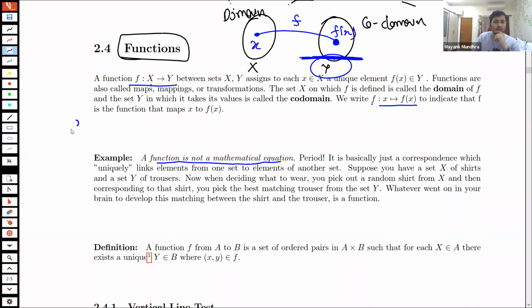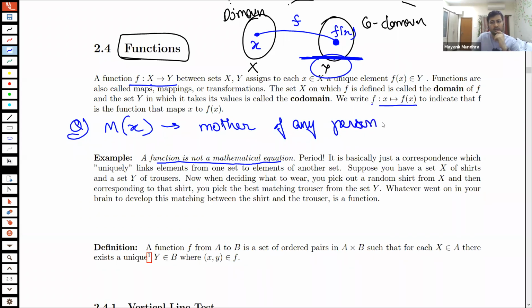So let me ask you a question. Suppose a relationship m of x gives the mother, the biological mother of any person. Okay, will this relationship be a function?